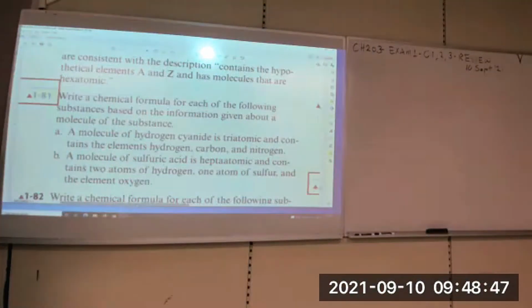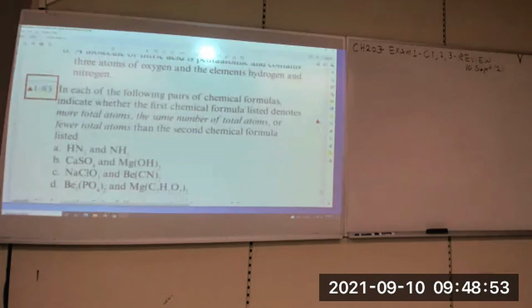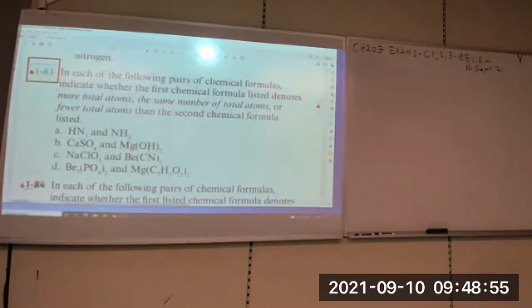Okay, 81 and then 83. 83B is the one I have trouble with. In each of the following pairs of chemical formulas, indicate whether the first chemical formula listed denotes more total atoms, the same number of atoms, or fewer than the second.